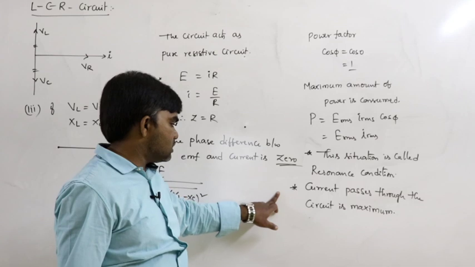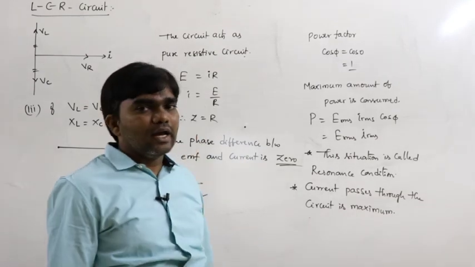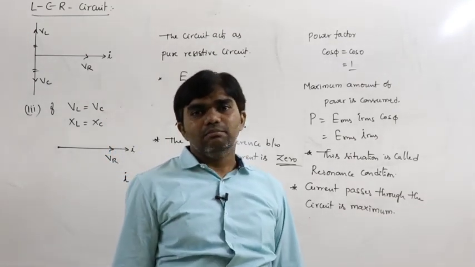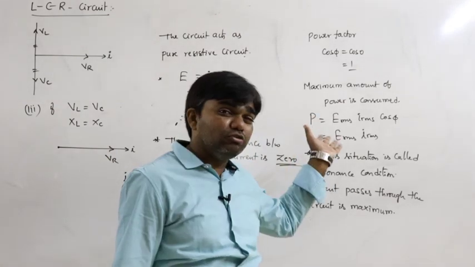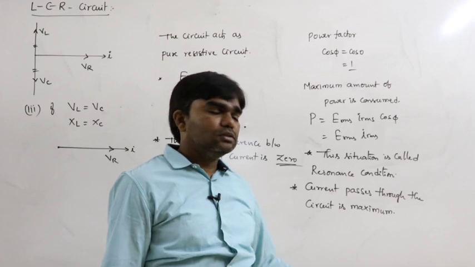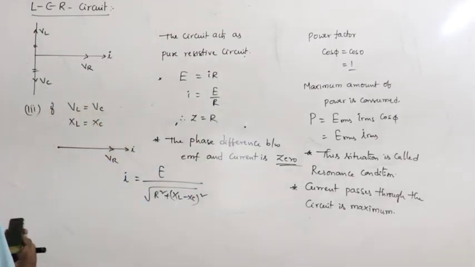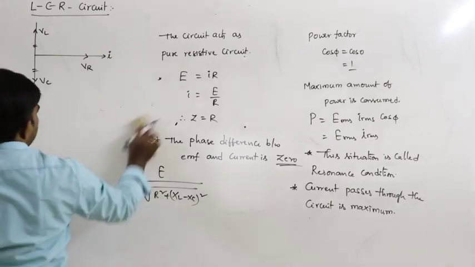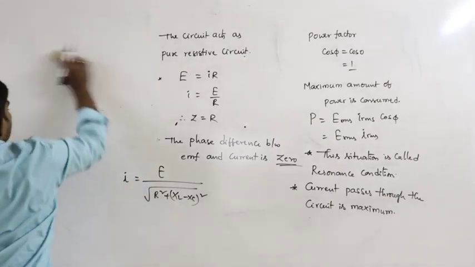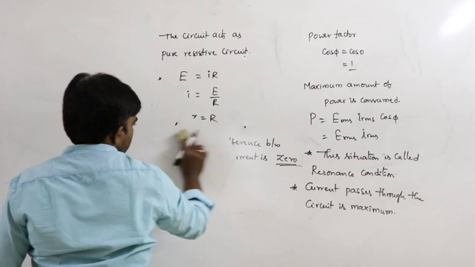That is called resonance condition. In that condition, the current passing through the circuit is maximum and maximum power is also consumed. So LCR circuit, 3 conditions.